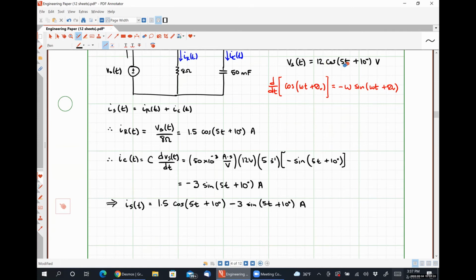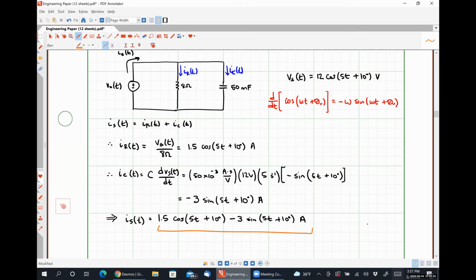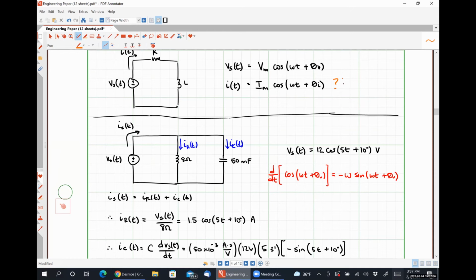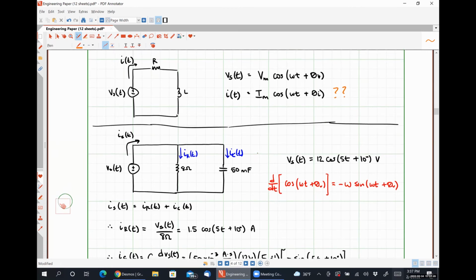All right, so here's the question that I want to ask you guys right now. We have an answer, this guy right here. Why doesn't it look like this? We took a derivative. So, in terms of just cosine. Okay, so that's one thing. That's a fantastic thing.